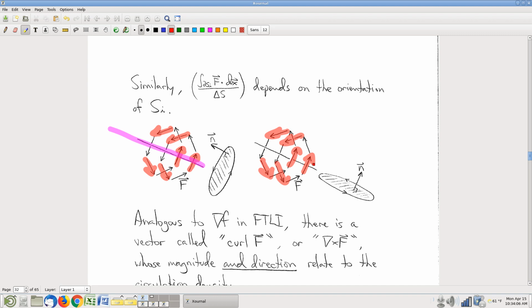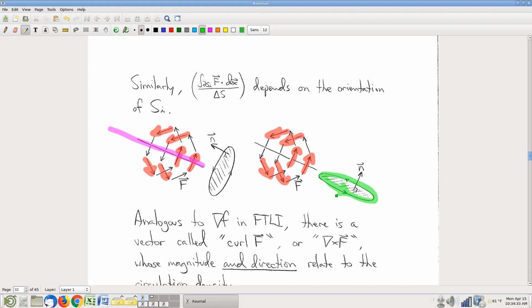Now let's visualize, well, what happens if you're going around like that? And think about, now this is a hard hand gesture to do, but if your fluid is flowing around like this, and your curve is going, I don't know if I can do them both at the same time. If this fluid is flowing around like that, and your curve is going around like this, there's an incompatibility of sorts.